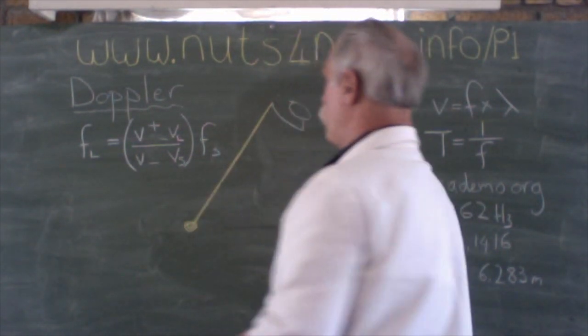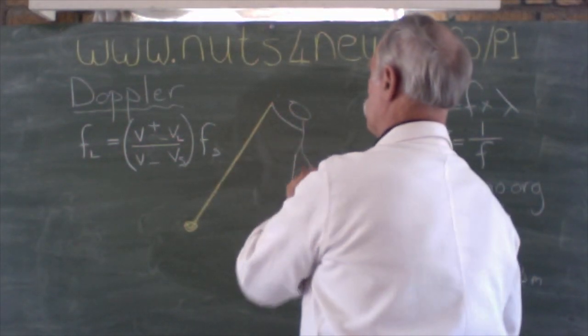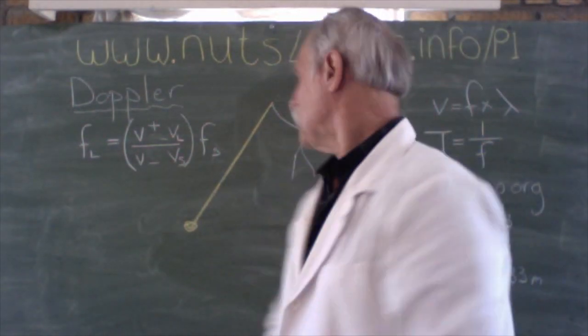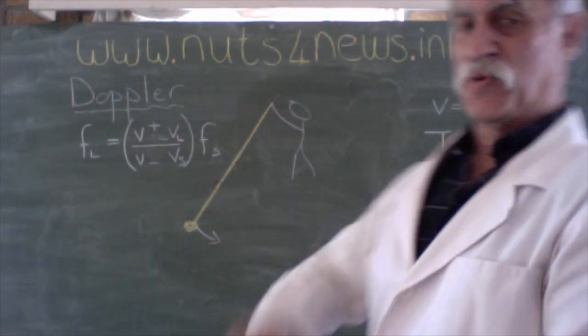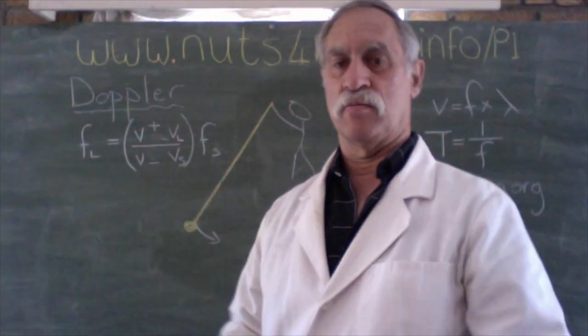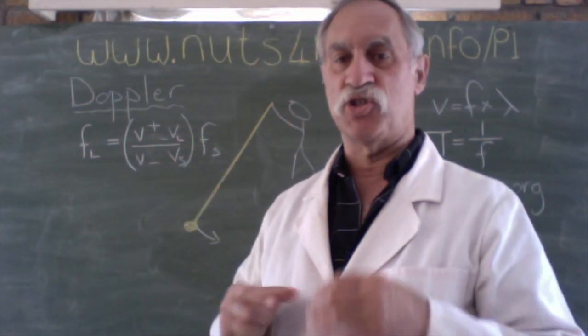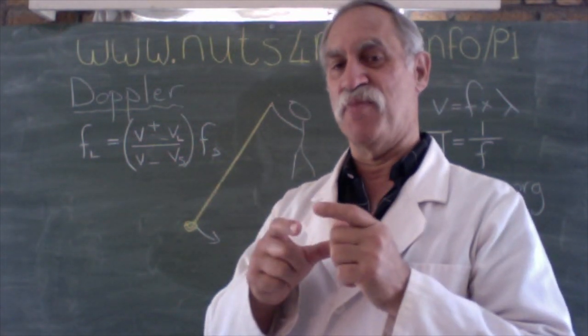There's the keyboard, and we swing it around. Let's suppose that this is going in this direction. So we are swinging it, and every period, every small section of a second, this little keyboard vibrates.